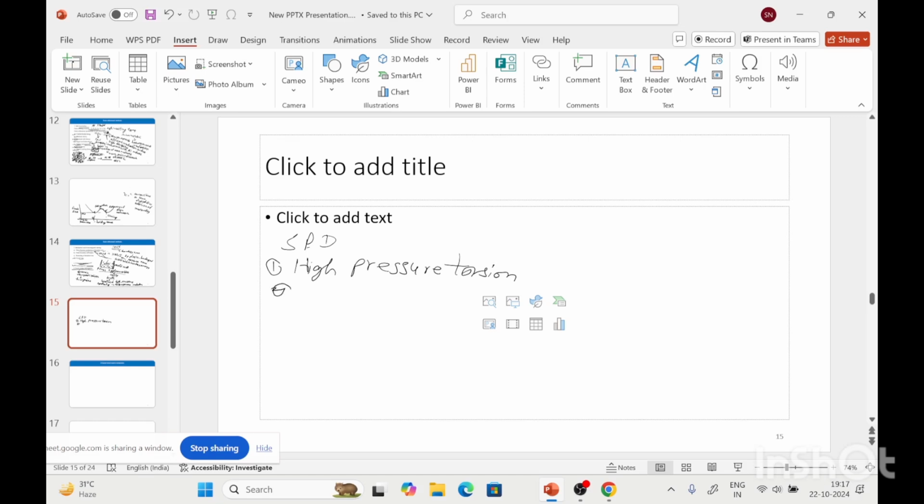Second is equal channel angular pressing. Then cyclic extrusion compression, and continuous cycling.